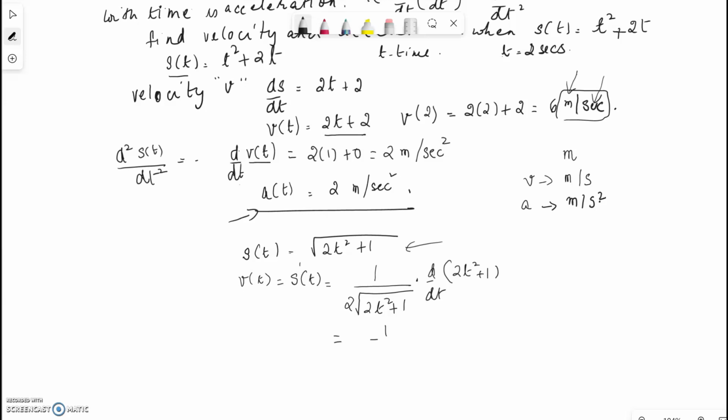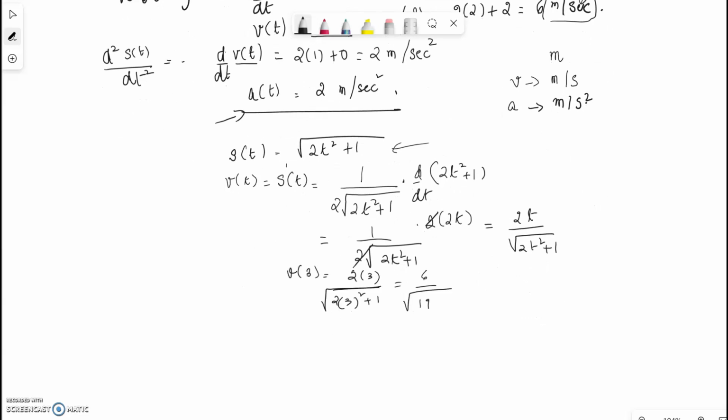So that is equal to 1 over 2 radical 2t squared plus 1 times 2 times 2t plus 0. So we have 2 and 2 cancel, and that is equal to 2t divided by radical 2t squared plus 1.